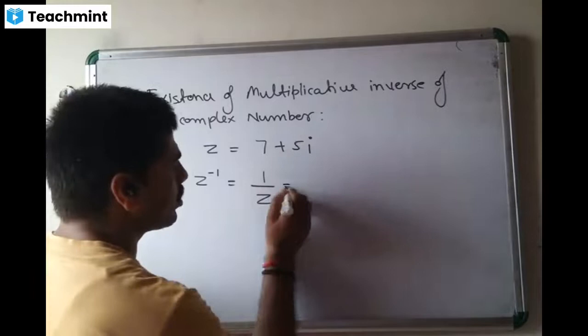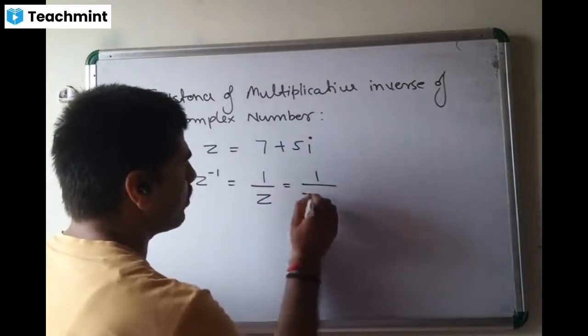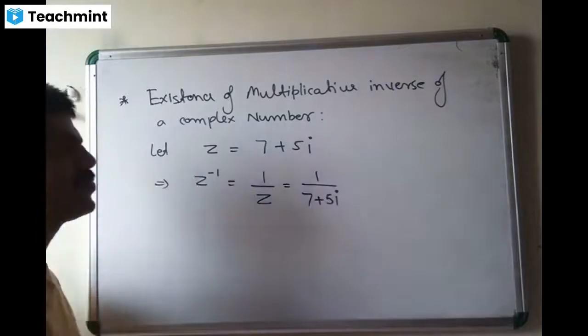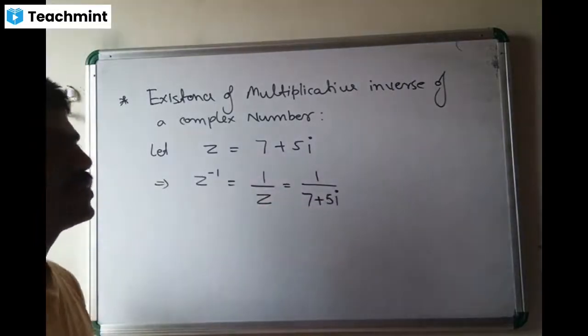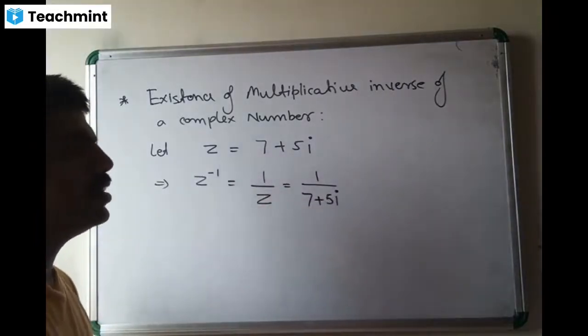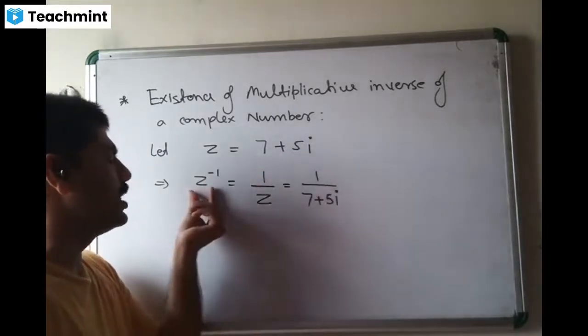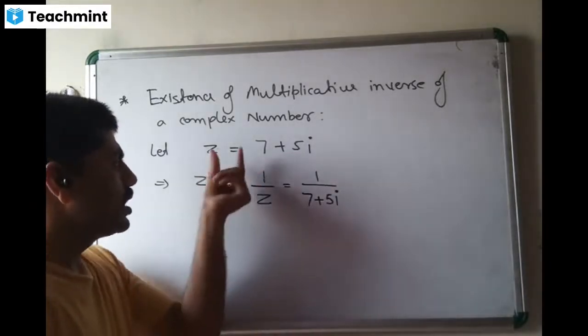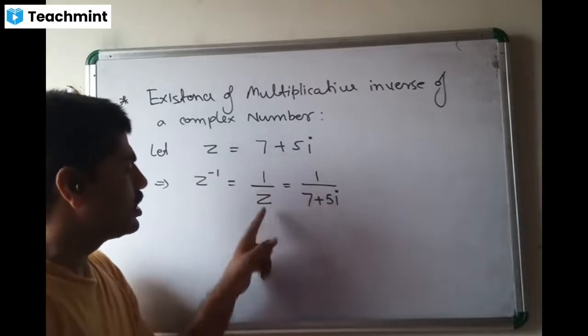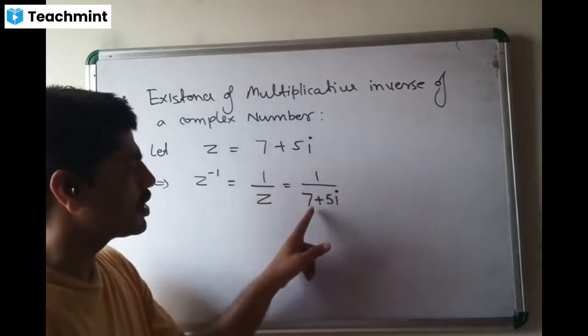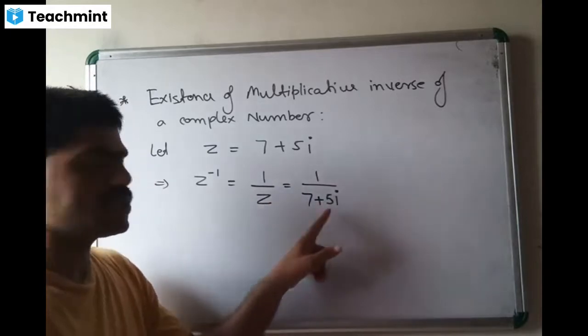And this is 1/(7 plus 5i). Means to find this reciprocal is called the multiplicative inverse. So z inverse is equal to 1/(7 plus 5i), where z is equal to 7 plus 5i.